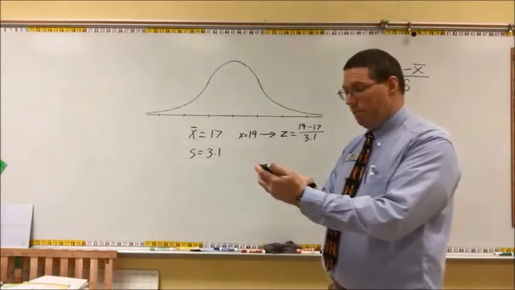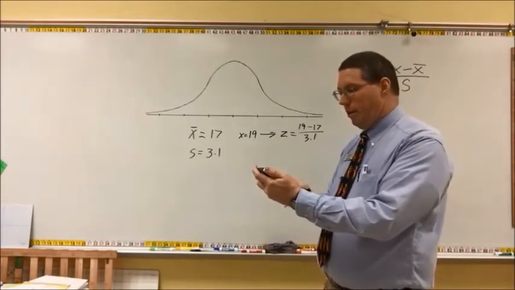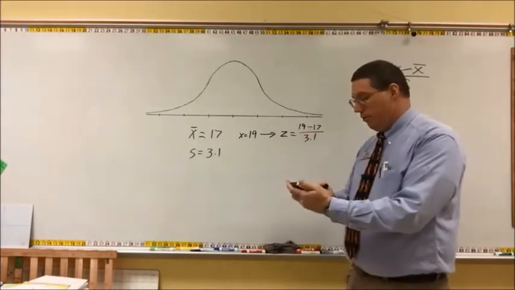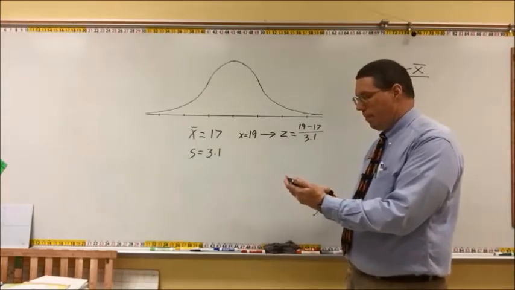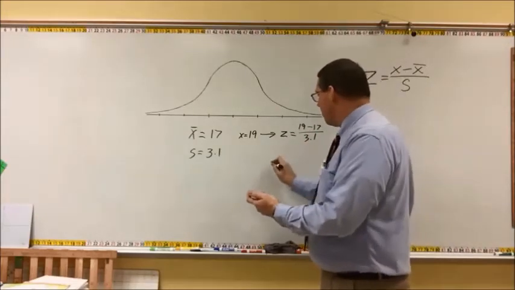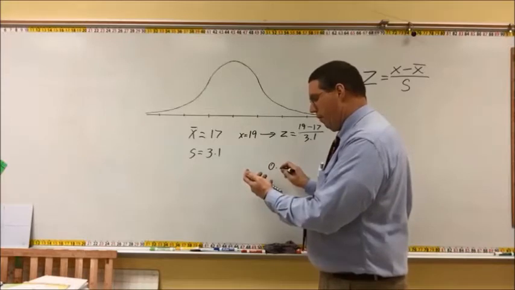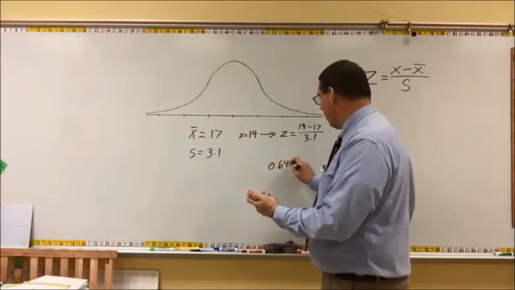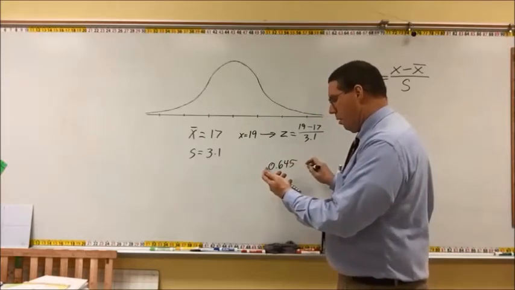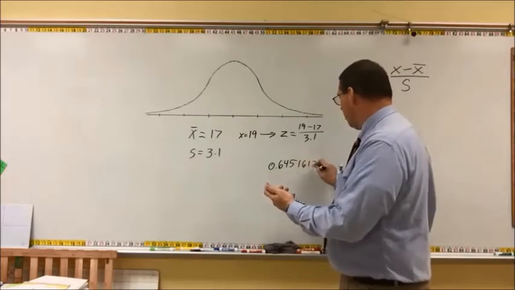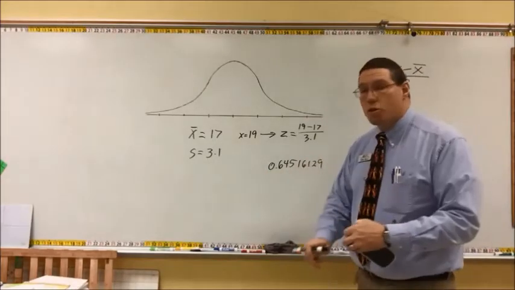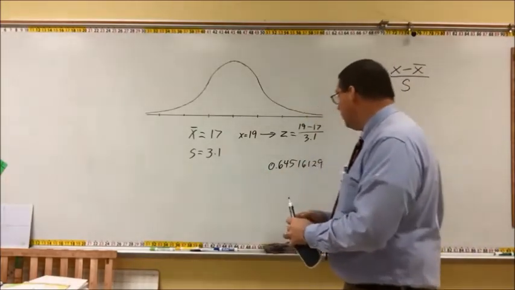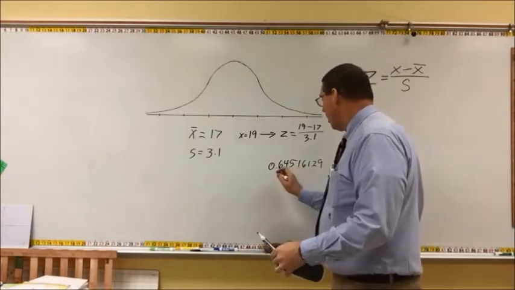So that's what I'm going to do. 19 minus 17 is 2, divided by 3.1 is 0.646516129.